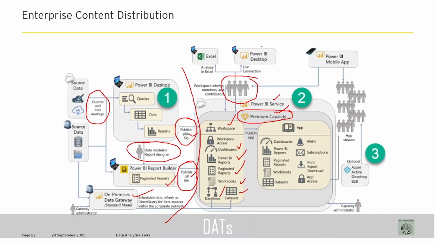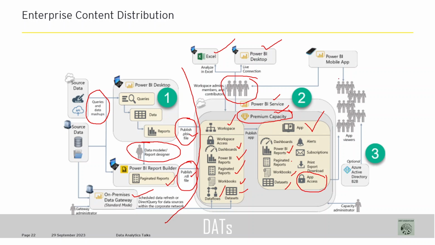Okay. Then again, as I already mentioned, the distribution is through Power BI app. In the app, you can publish the Power BI reports, PageNet reports, workbooks, and datasets. Using the app access, it is distributed to the end users.